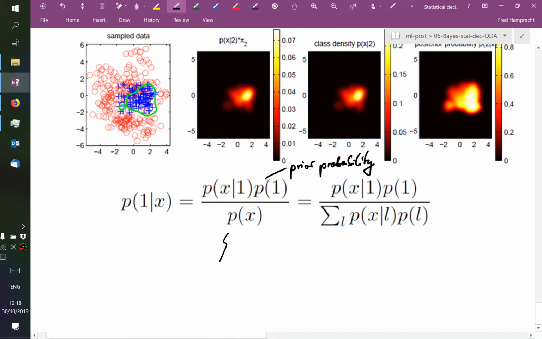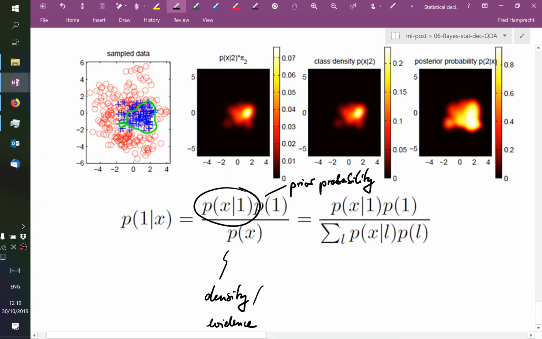This thing here is the density in feature space. You see that this is a marginal density. So we've integrated out class membership. We just ask how likely is it to get an observation in that region of feature space. Here we call it density, or sometimes this is also called the evidence.